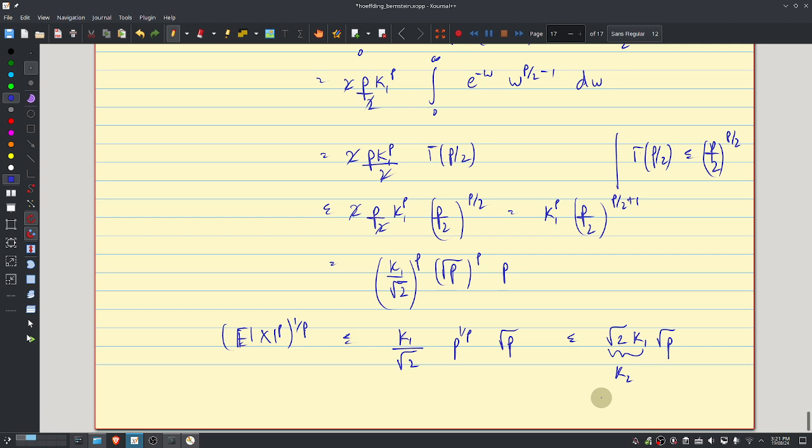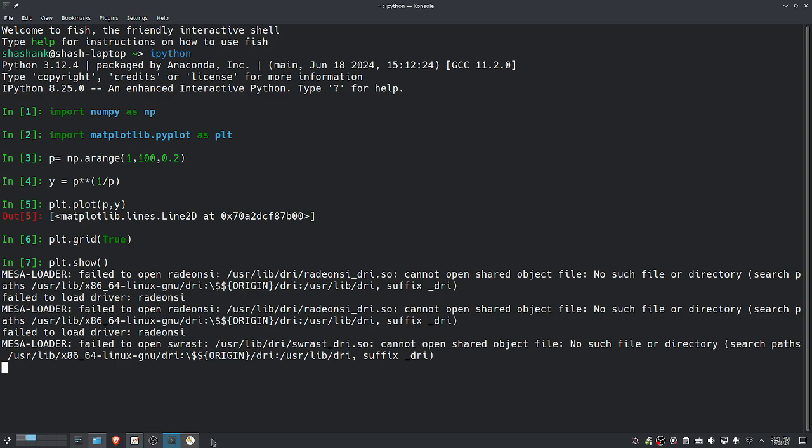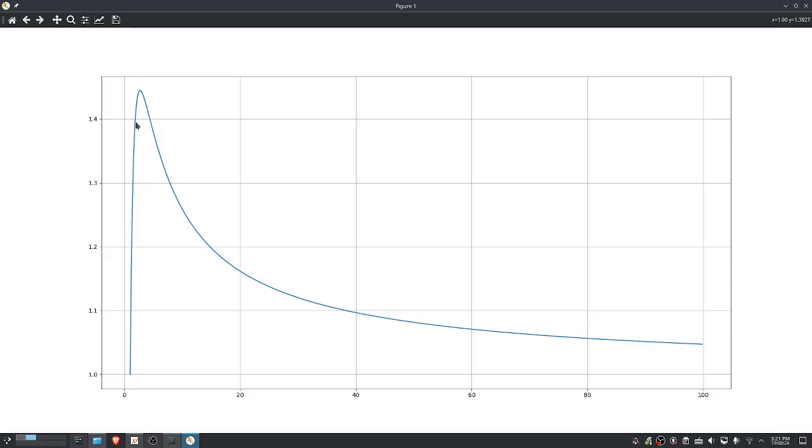Any questions? Why is it so? You can prove it more formally, right? But no matter how I increase p, for p between 1 and infinity it is bounded by 1.4 something.